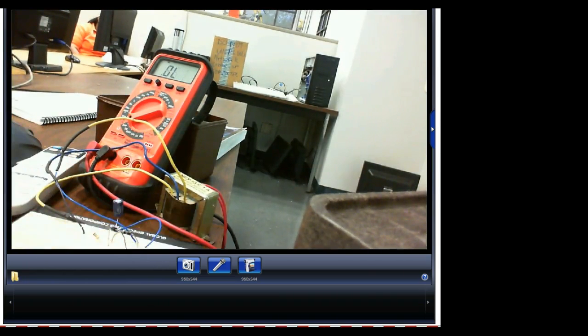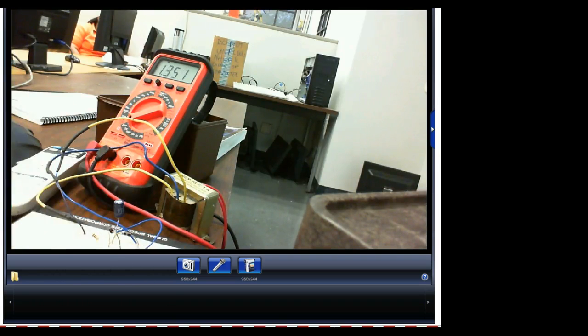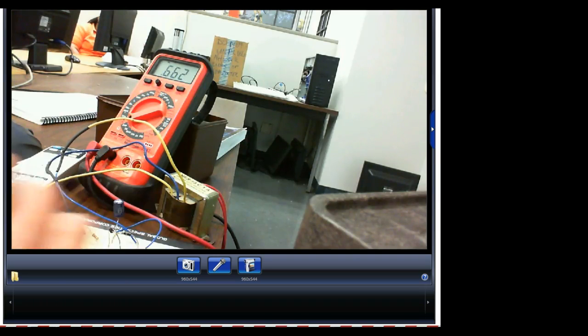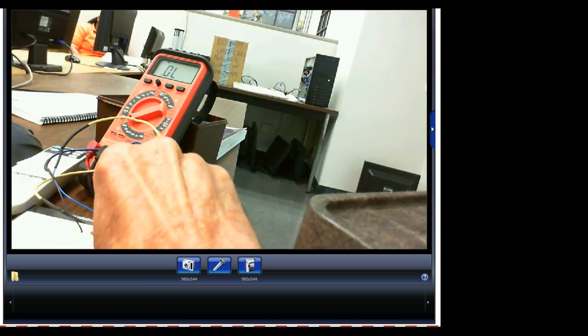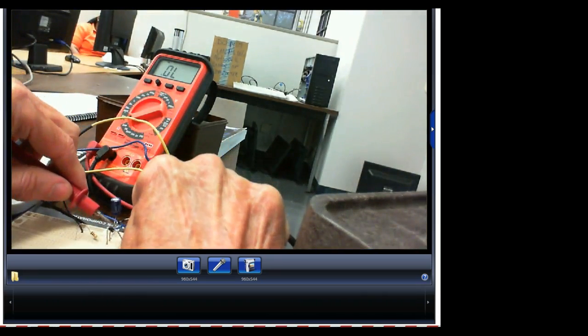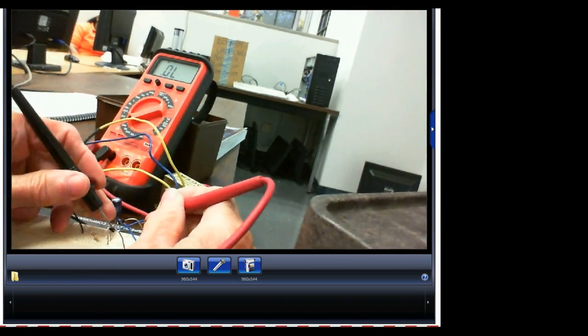Oh, it's not. So if it checks bad in circuit, what's the next thing you're supposed to do? Something's going on, so I'm going to isolate one lead, and then we'll check it out here. This is reverse bias. This is forward bias.